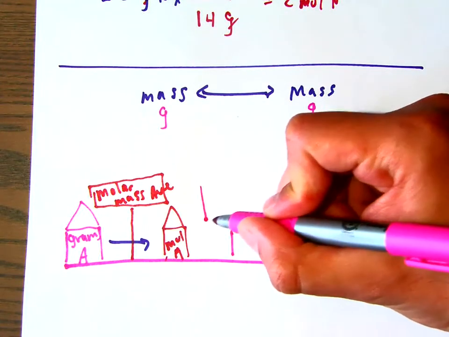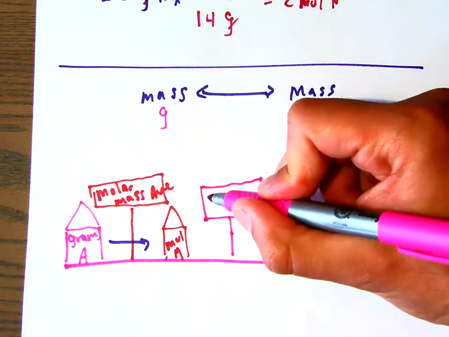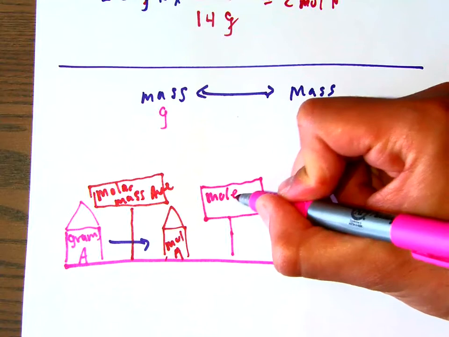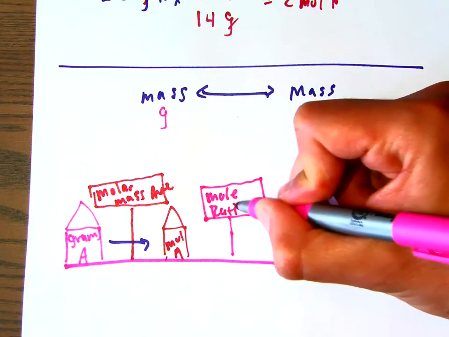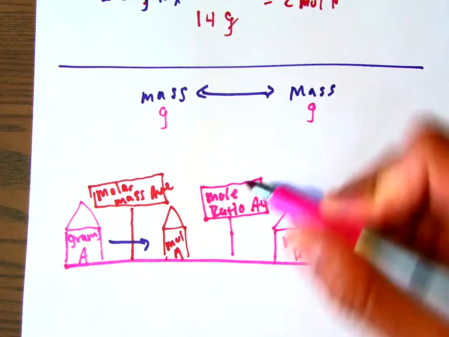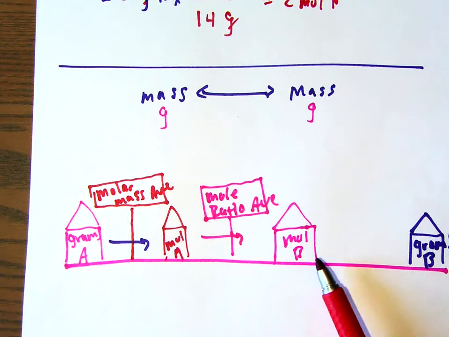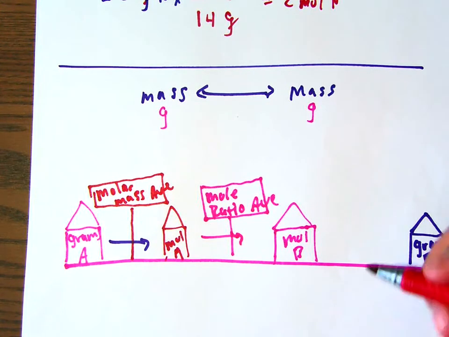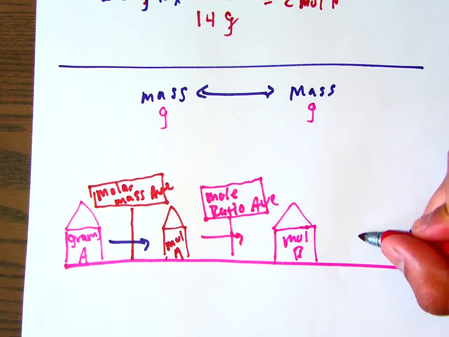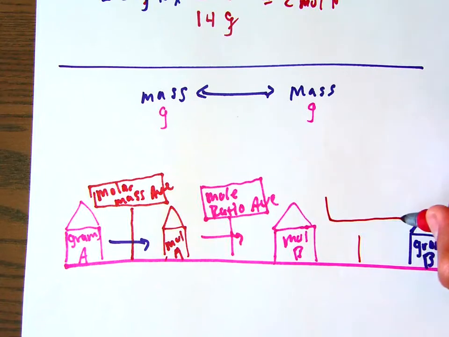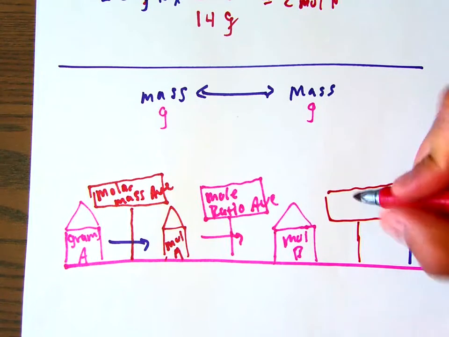So we're going to travel through Mole Ratio Avenue. Finally, we're almost there. Now we're at moles, and then we're going back to grams. So again, we have to go through molar mass.